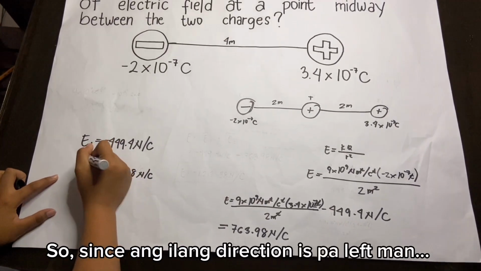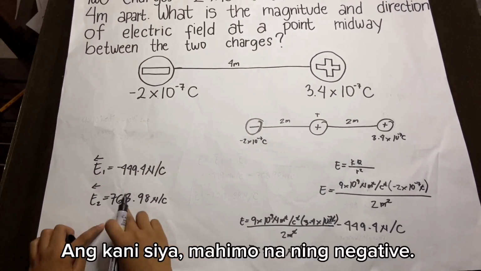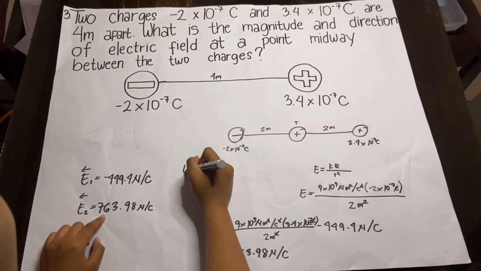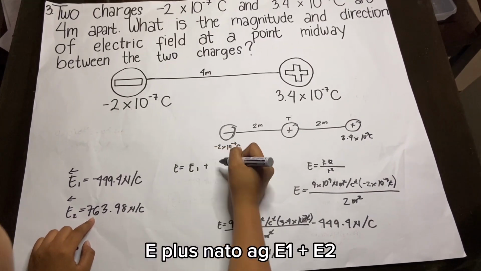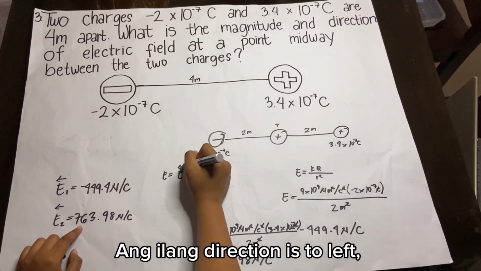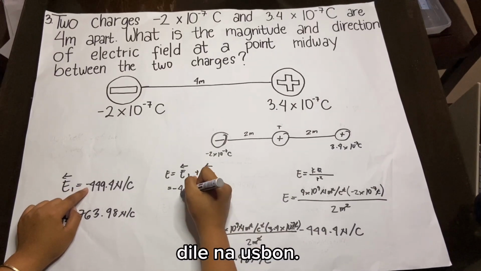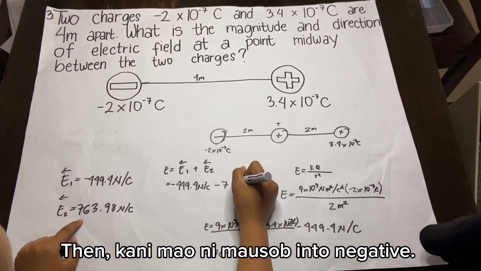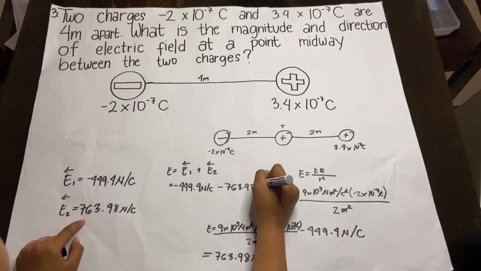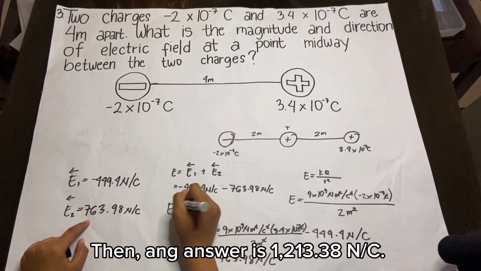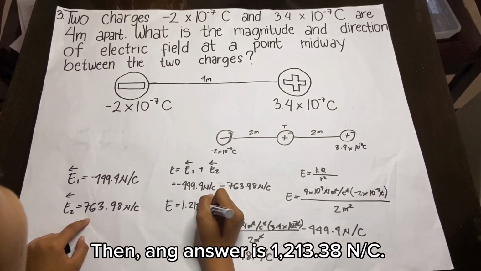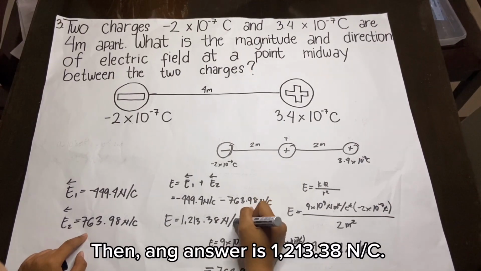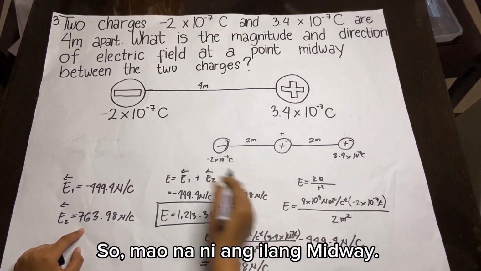So, since their direction is to the left, it becomes negative. We add them, E1 plus E2. Their direction is to the left. Since this one is already negative, it does not change, and the other one becomes negative. The answer is 1,213.39 Newton per coulomb.